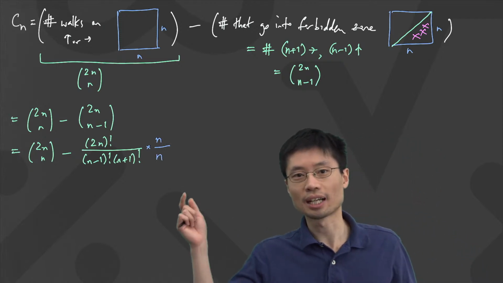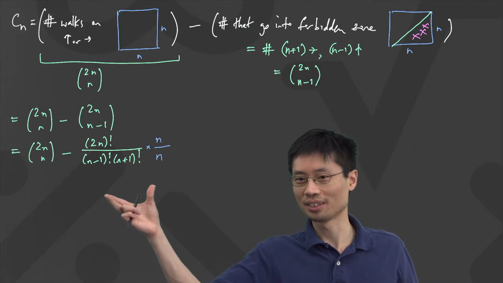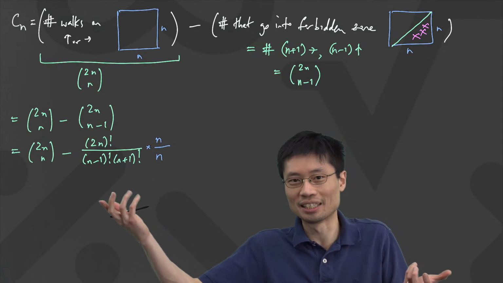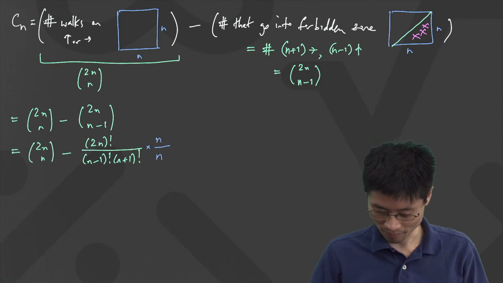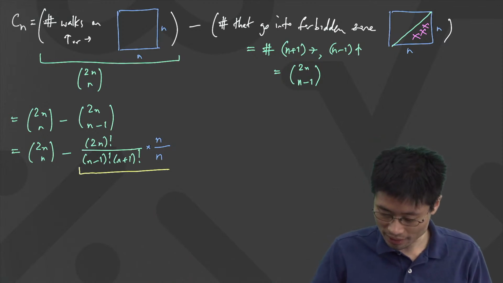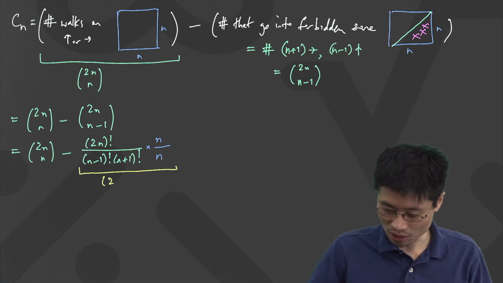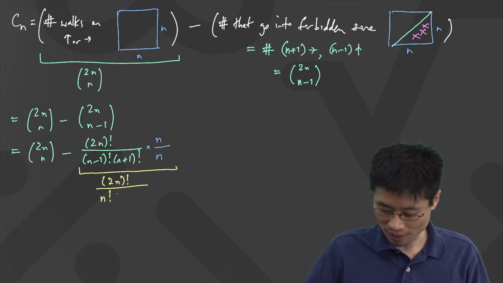The reason is because I actually want to make an n factorial. In order to make it look like 2n choose n, I want to have an n factorial on the bottom and another n factorial on the bottom. And in particular, if I take this thing, I can rewrite it as 2n factorial over, there's a full n factorial now, and the n plus 1 factorial I can call n plus 1 times n factorial.